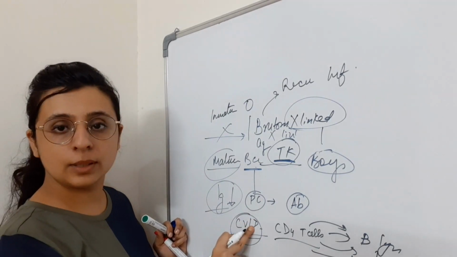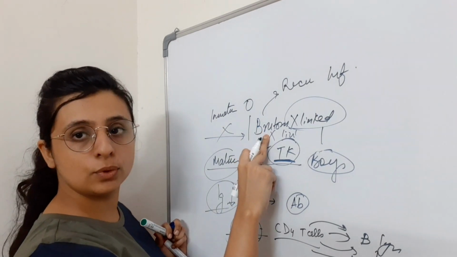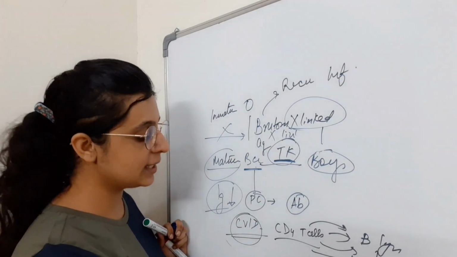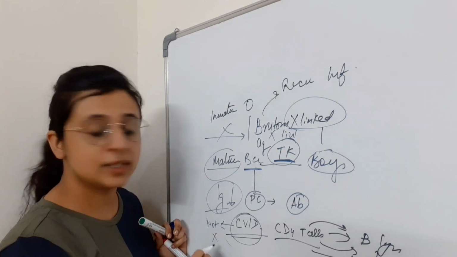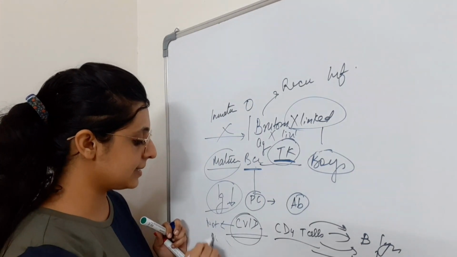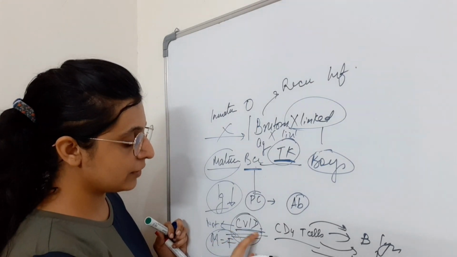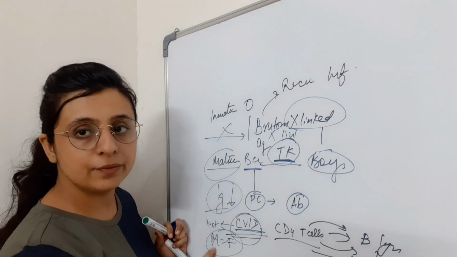This common variable immunodeficiency also presents with clinical features similar to Bruton, because in both cases there is deficiency of immunoglobulins, but because it is not X-linked, it occurs with equal prevalence in males and females.